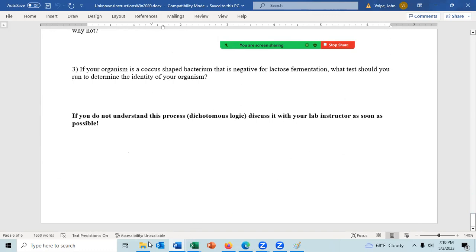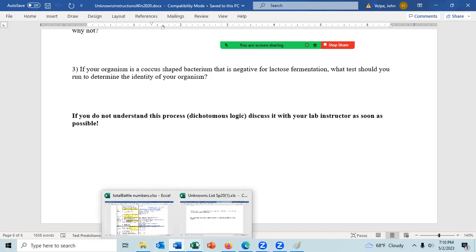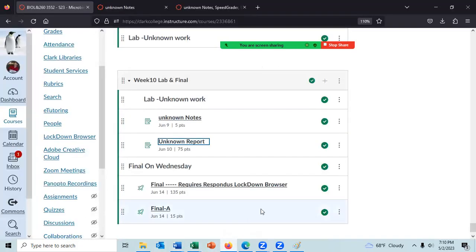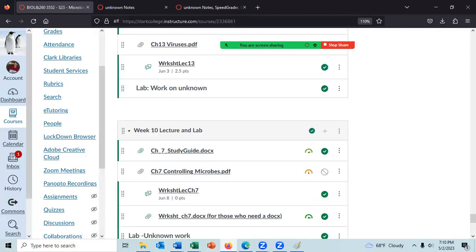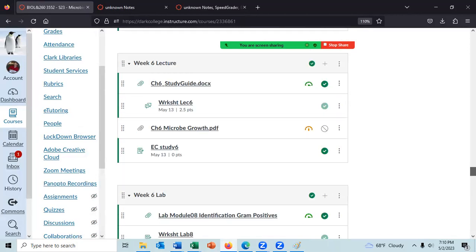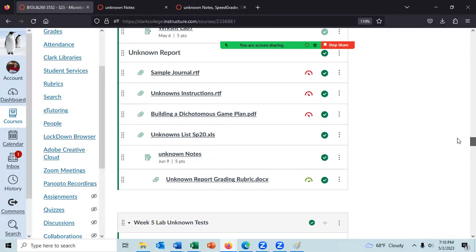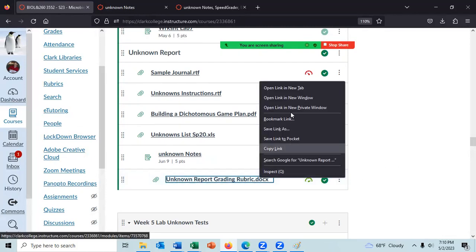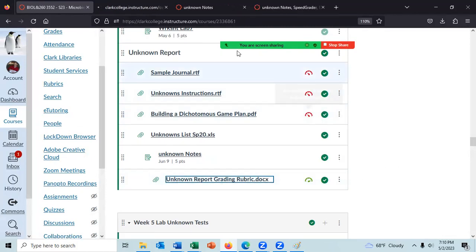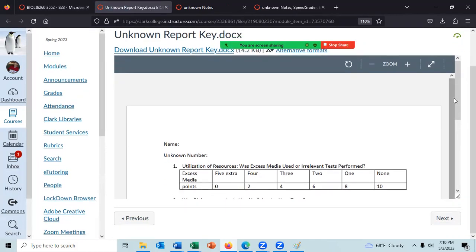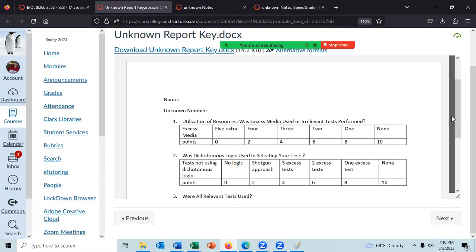All right, let me show you how the report will be graded. Scroll back to week 5, lab. All right, the utilization of resources.